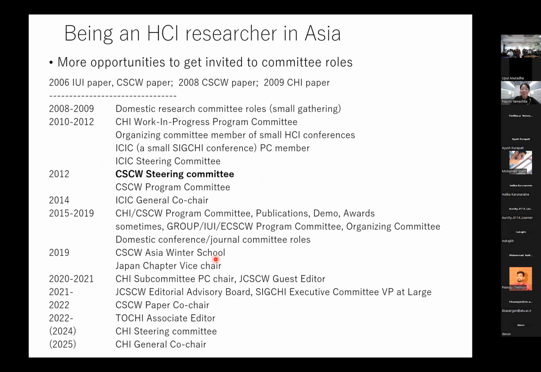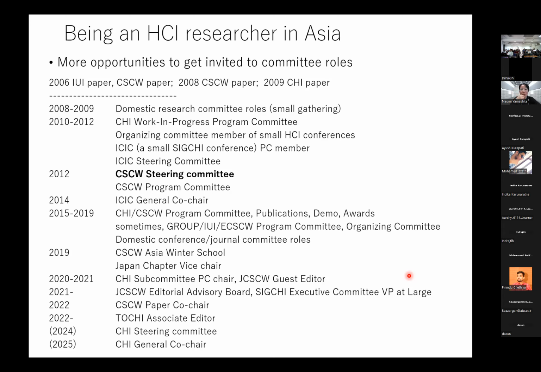However, there are also, of course, positive sides of being an HCI researcher in Asia. In my case especially, being a female researcher and also an industry researcher living in Asia, it is difficult at some points.